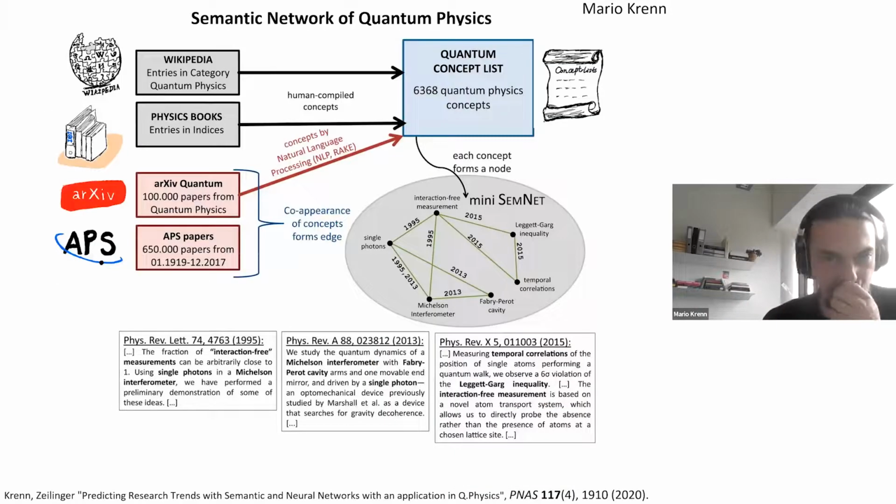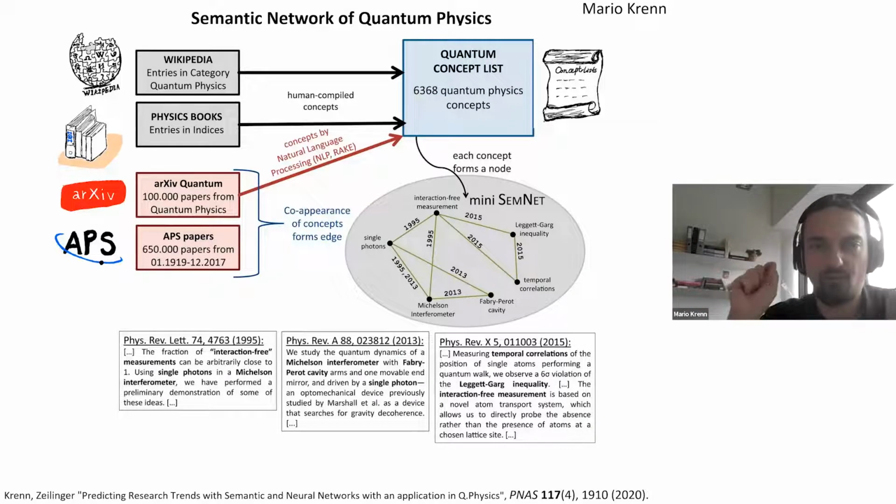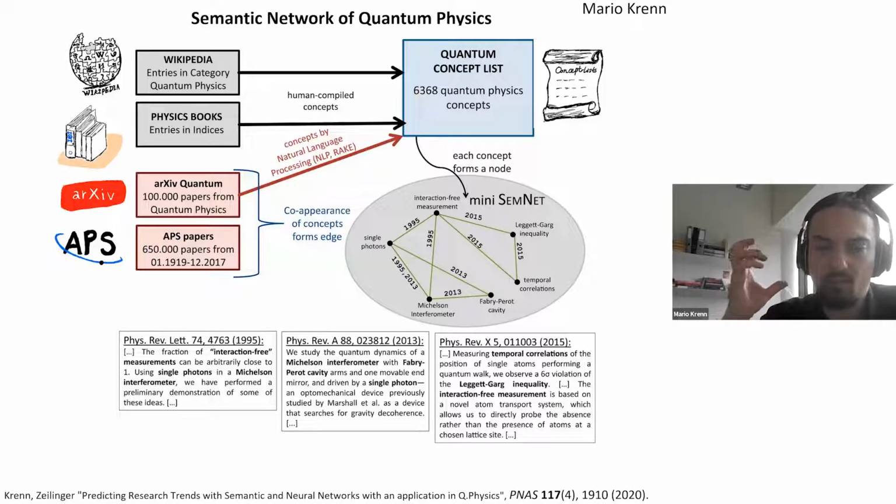And this works in the following way. So we built up a semantic network or a knowledge network. And here every vertex stands for a scientific concept. And two vertices are connected when they are investigated together in a scientific paper. And this is basically the knowledge network that we want to build up.